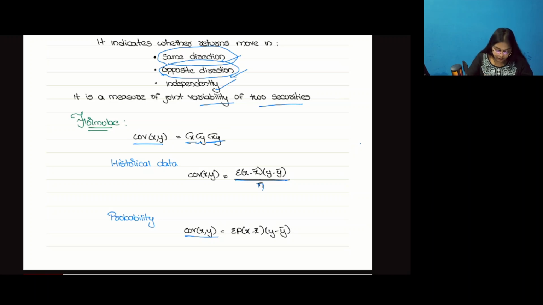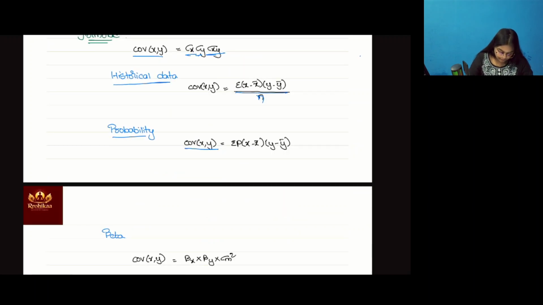So I am repeating it again. When the past data is given, covariance of XY equals summation of X minus X bar into Y minus Y bar divided by N. When the future data is given, covariance of X comma Y equals summation of probability into X minus X bar into Y minus Y bar.